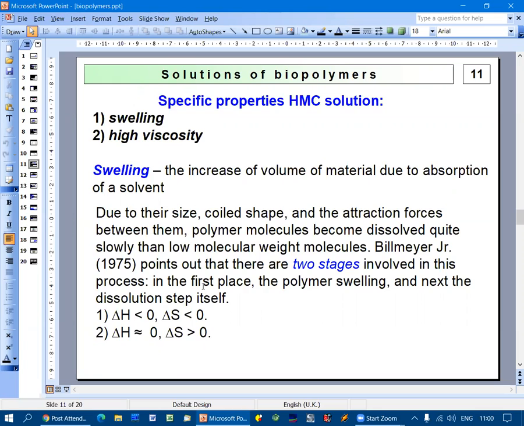And this is one more additional stage in the process of dissolution. It is called swelling. Swelling is the increase of volume and, of course, the mass of high molecular weight compound due to adsorption of a solvent.